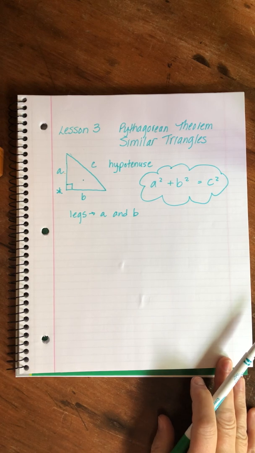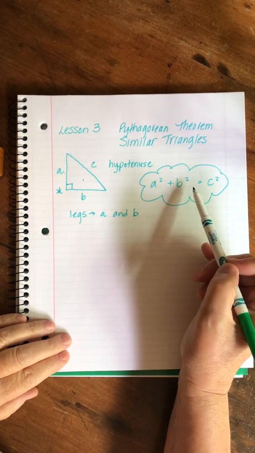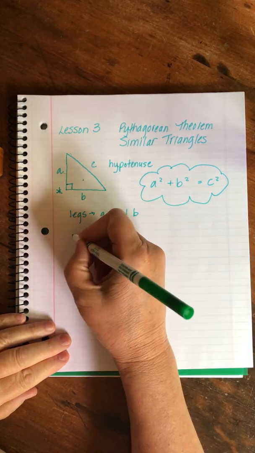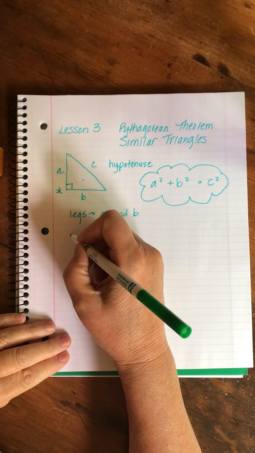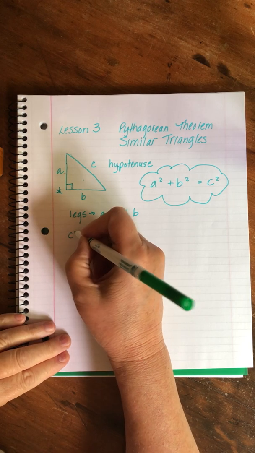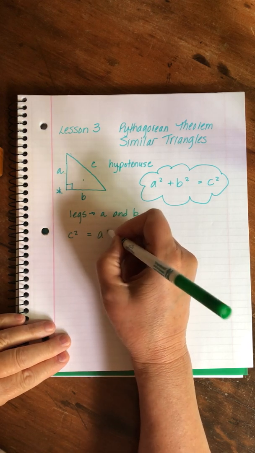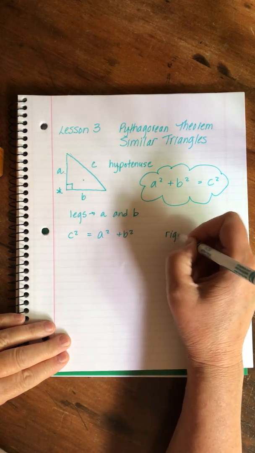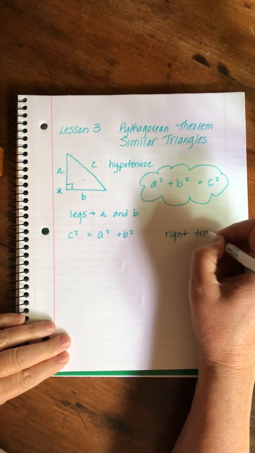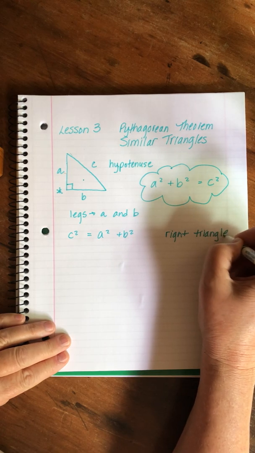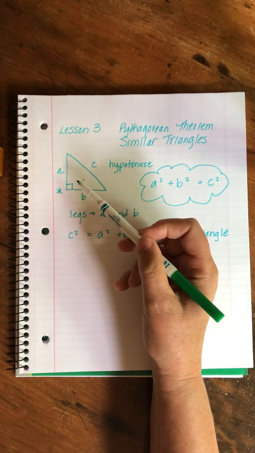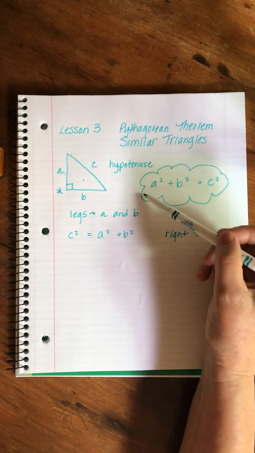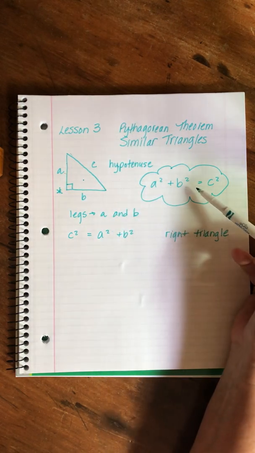Here is something fun that we can do. If this is true, when c squared equals a squared plus b squared, we know that we have a right triangle, right? And that's kind of the opposite of what I just said, which is that it has to be a right triangle in order for this to work.